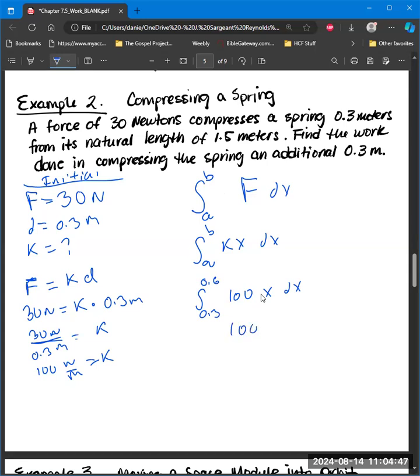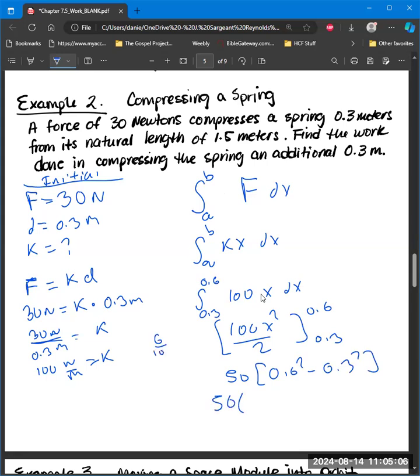So this is 100x squared over 2, from 0.3 to 0.6. This is 50 times 0.6 squared minus 0.3 squared, which is 50 times 6/10 is 600ths.